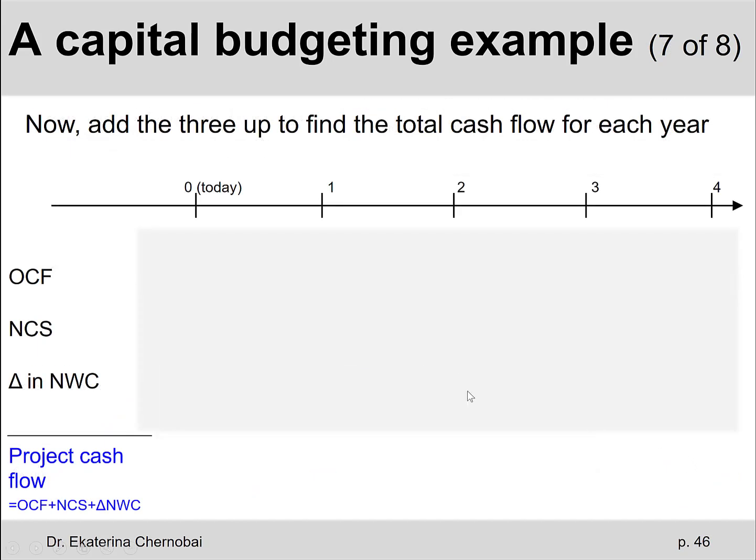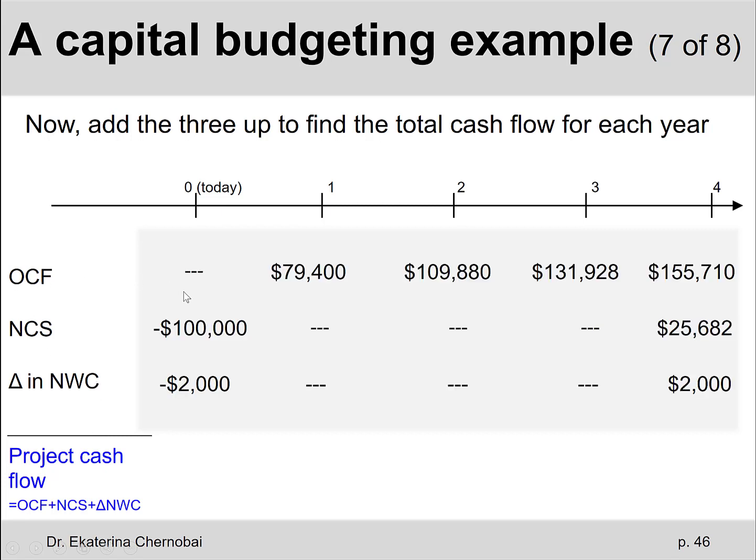Okay, so we have just calculated the 3 important components of the total cash flow for each year. The operating cash flow, the net capital spending, and the change in net working capital. Notice how the operating cash flow starts in year 1. So we have it for years 1, 2, 3, and 4 because it's profit from selling pizzas, right?